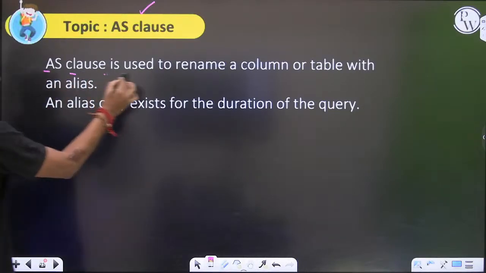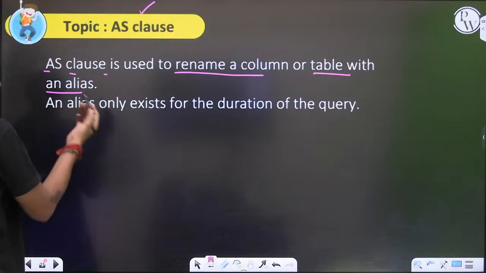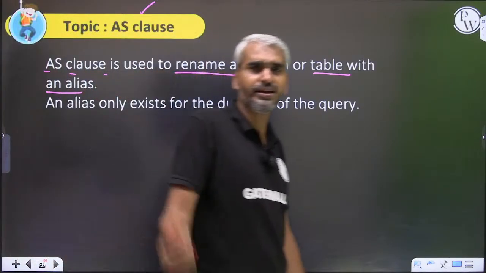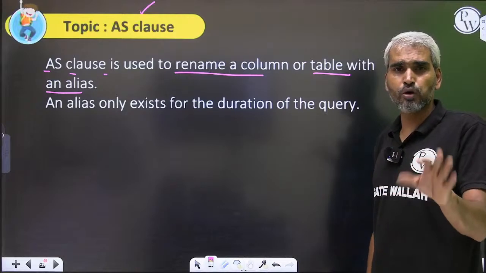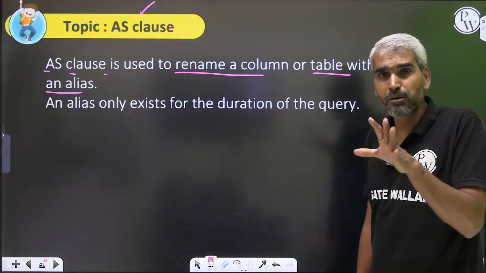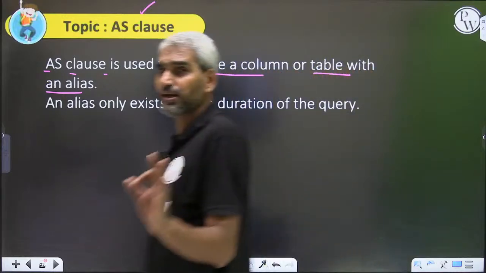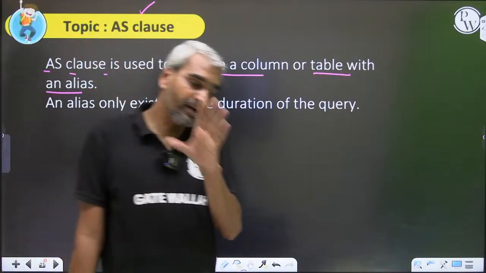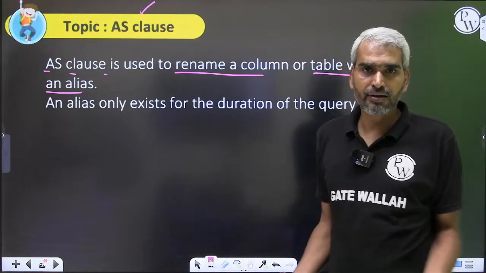The as clause is used to rename a column or table with an alias. What will be the scope of that alias? It will be valid only during the execution of the query. The moment the execution of the query completes, the alias will no longer exist.